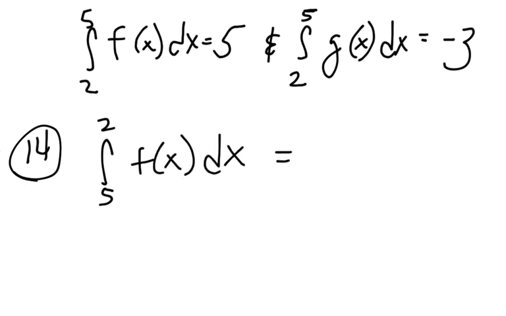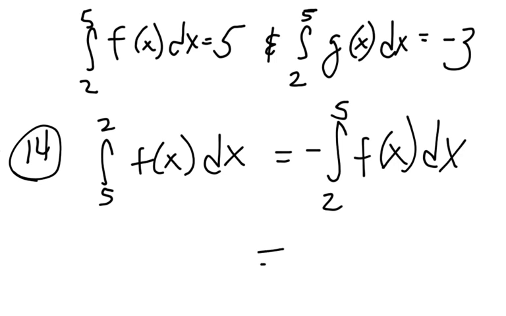Now this is a lot like the first one that they are giving you here. So the only difference is that the limits are switched, the upper and lower limits. We have our larger number on bottom. So we're going to switch the limits by putting a negative in front. And then that'll be -5.